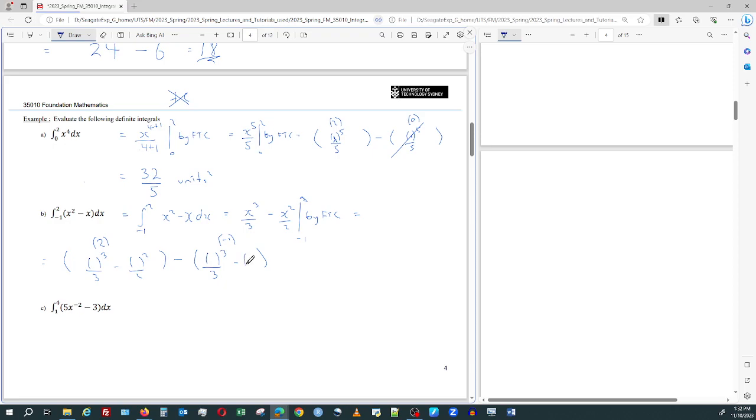So minus, and it's laborious, I know, but you must have the discipline to do it. So anything in the brackets gets dropped in, -1, -1, 2, and 2.